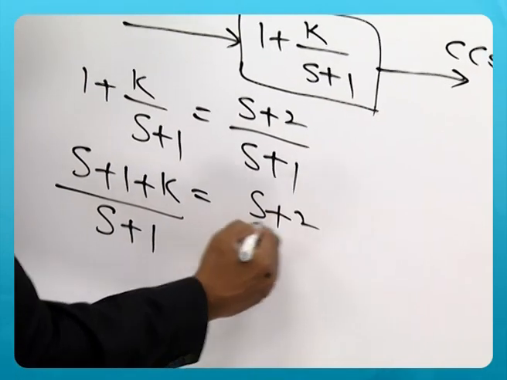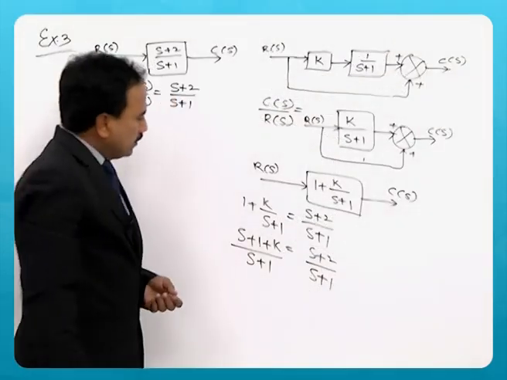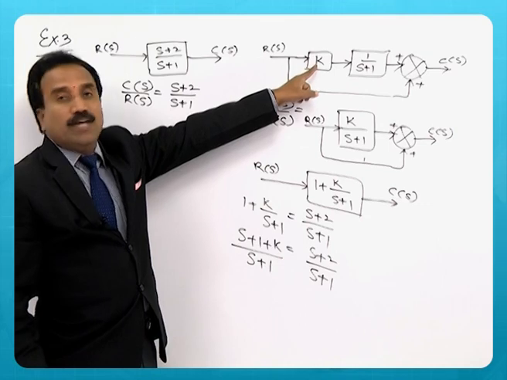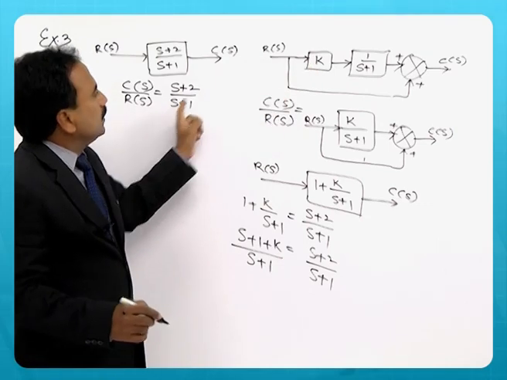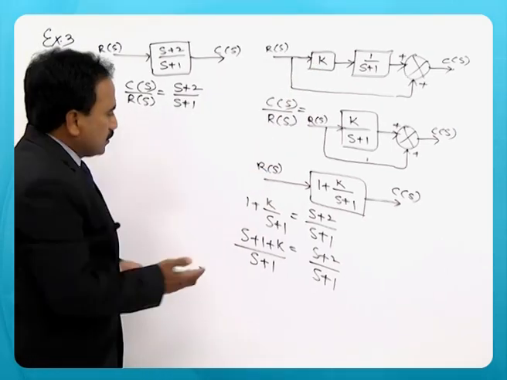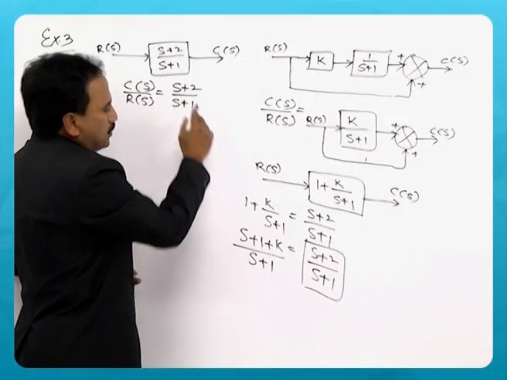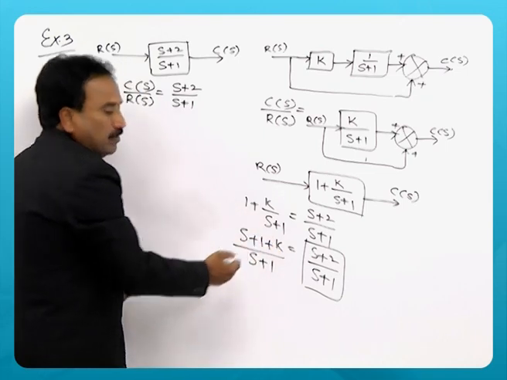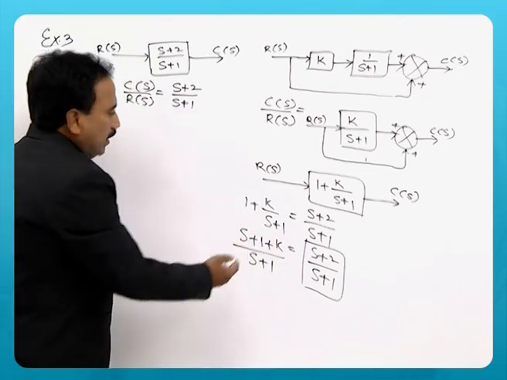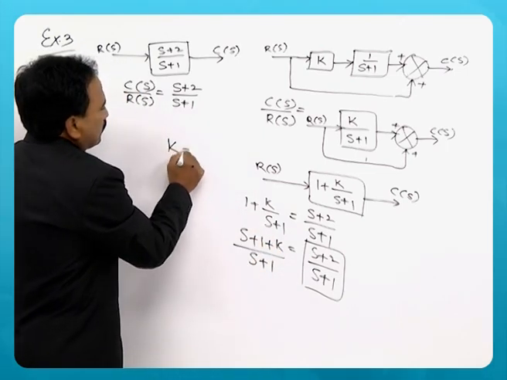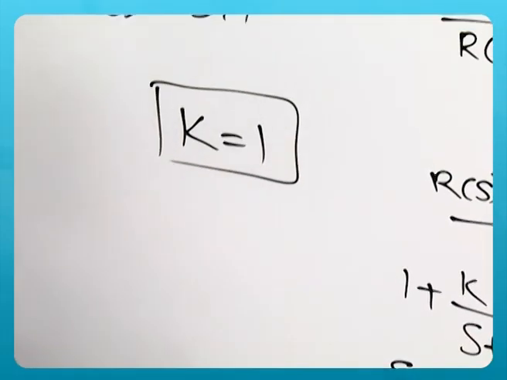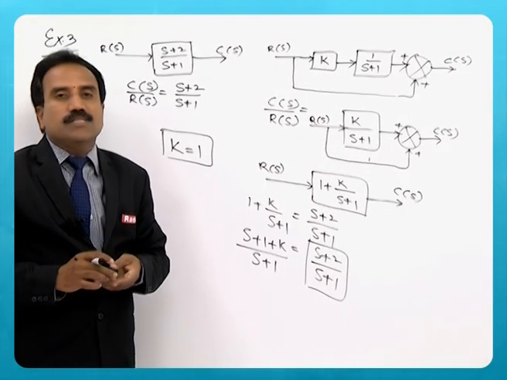The question here is, what should be the value of K so that both the transfer functions are the same? As you see, the transfer function of this is S plus 2, so the value of K must be 1 so that the transfer function of both the diagrams is the same.